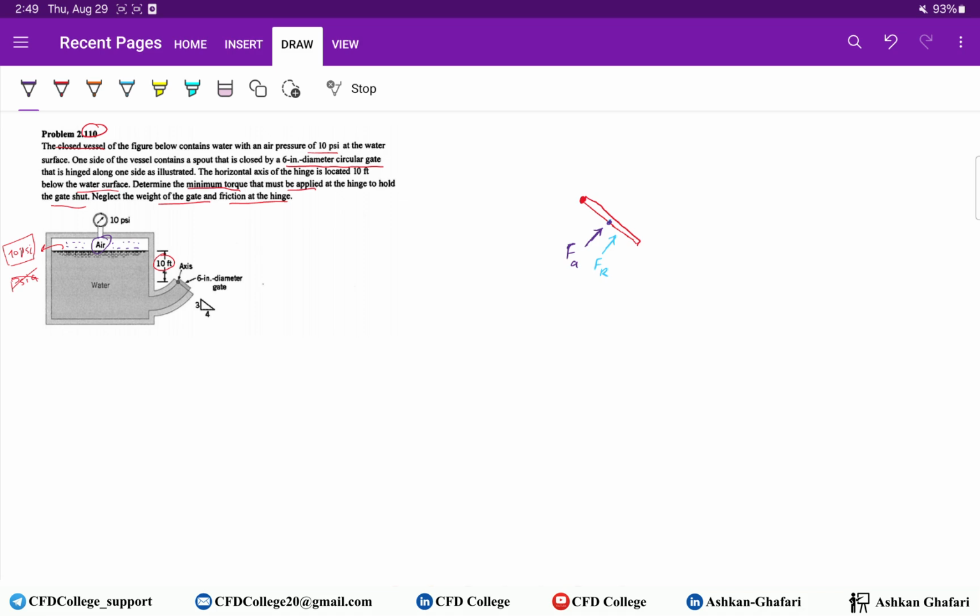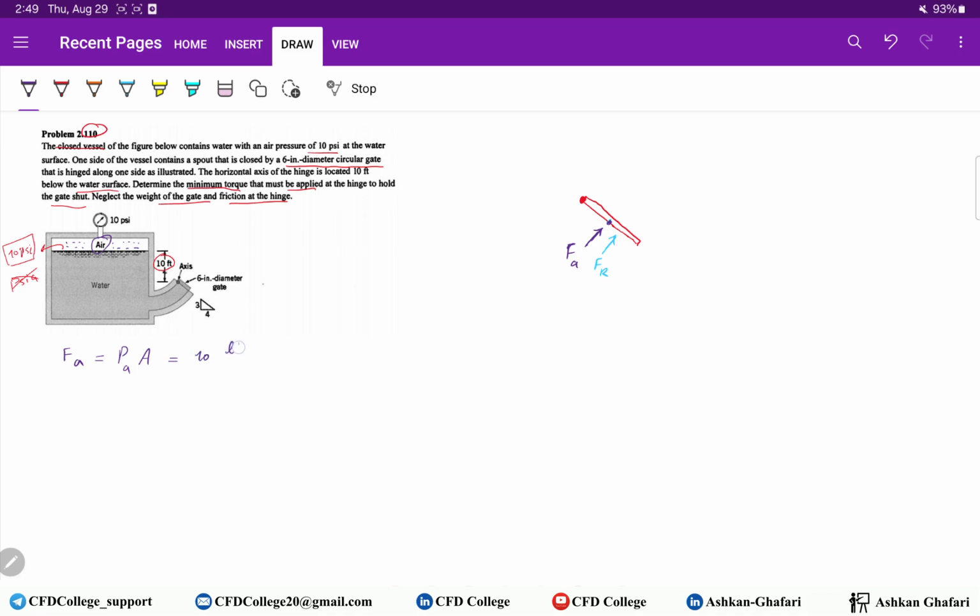Fa is easy to find. The force due to any gas equals pressure times area. So air pressure times area of the gate. We know air pressure, which is 10 psi, and it's gauge.